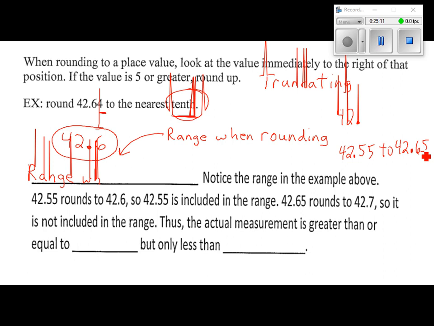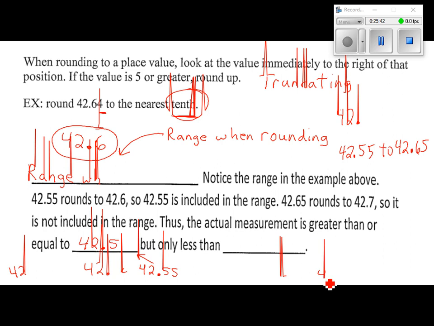So that's what goes in these blanks. 42.55, good enough. And then this blank, 42.65.